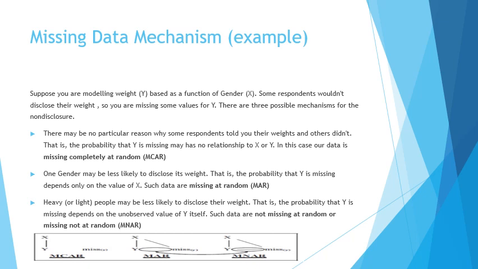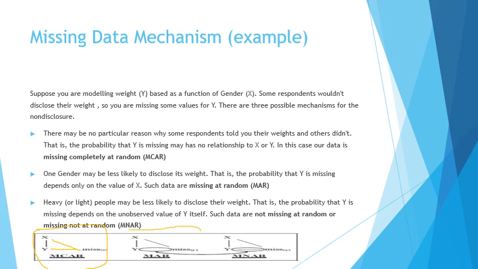You can see in this figure, I have included all these scenarios using graphical representation. For missing completely at random, you can see there is no relationship between the X and Y variables and missingness.